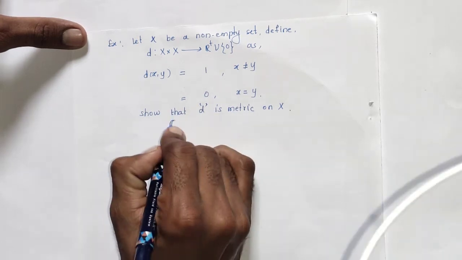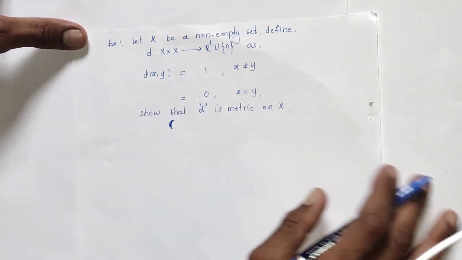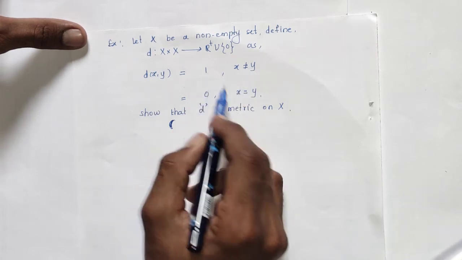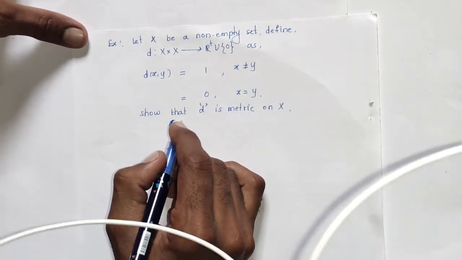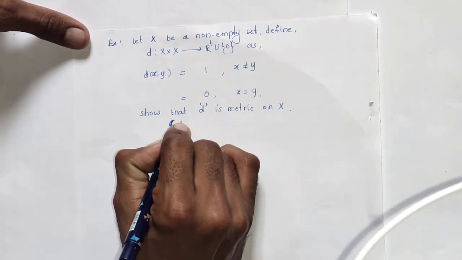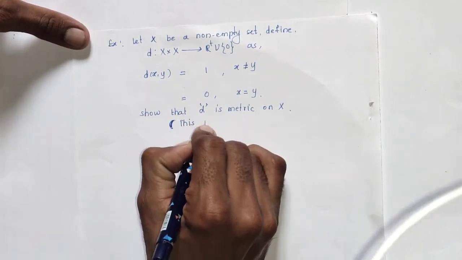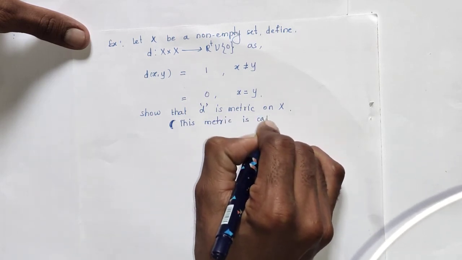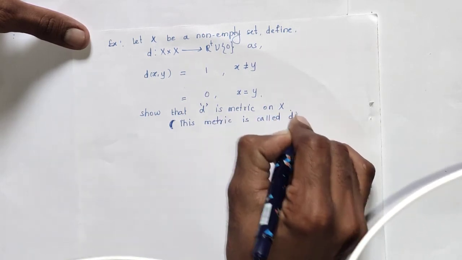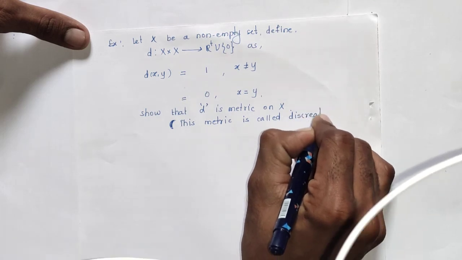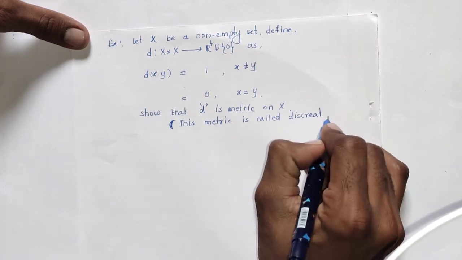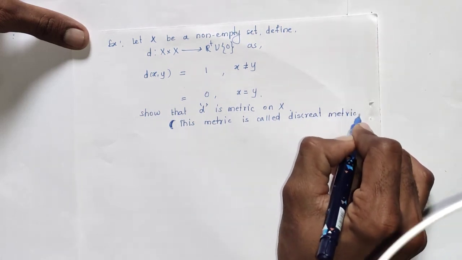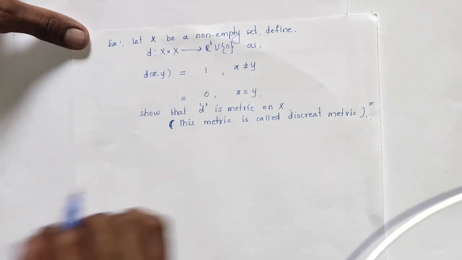This metric, defined as distance of xy equal to 1 when x is not equal to y and 0 when x is equal to y, is called the discrete metric.